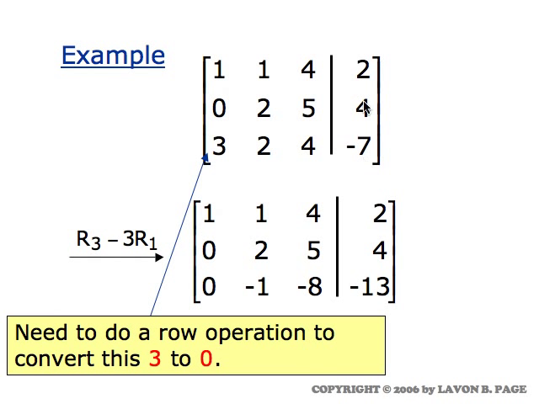Minus 7 minus 3 times 2 is minus 7 minus 6, which is minus 13. Next step.